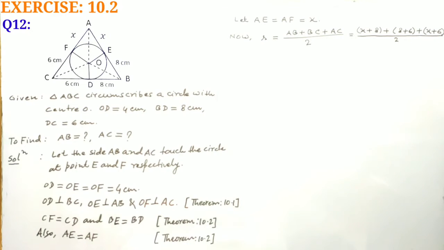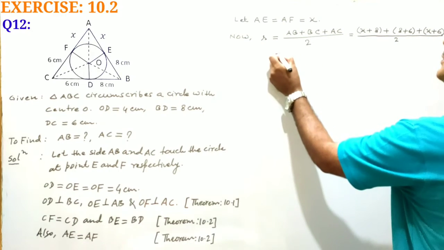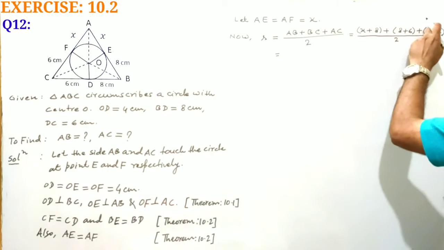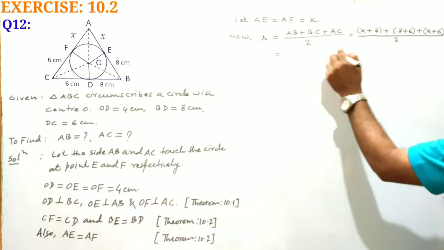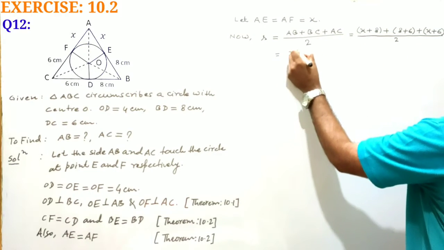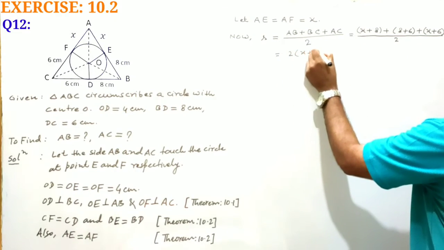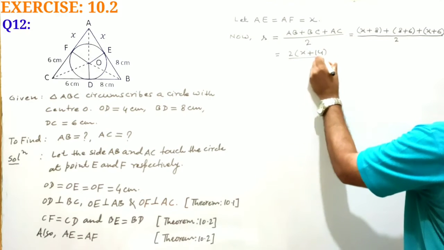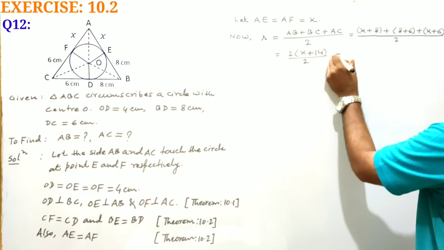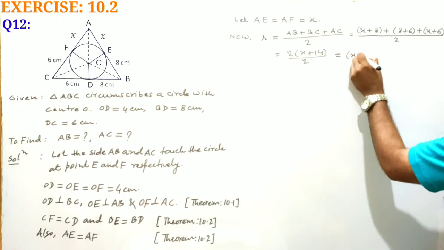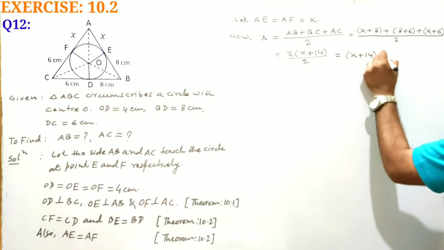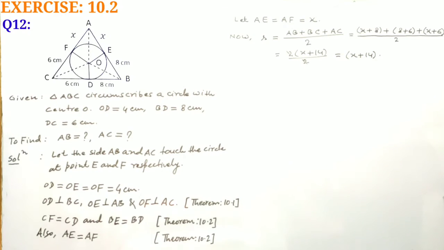So divided by 2. This implies x plus x 2x, 8 plus 6 14 plus 14 28. So easily we can write 2 into x plus 14 divided by 2, which is equal to 2 cancelled, x plus 14. Everywhere unit we are not writing, we will write at the end.